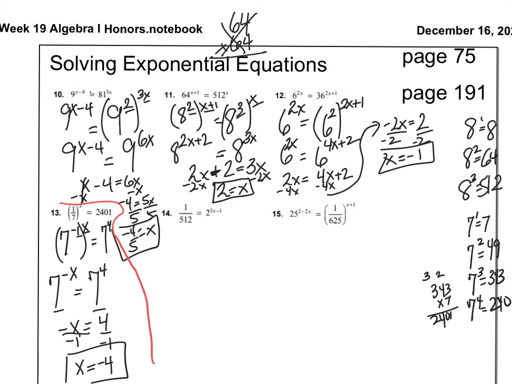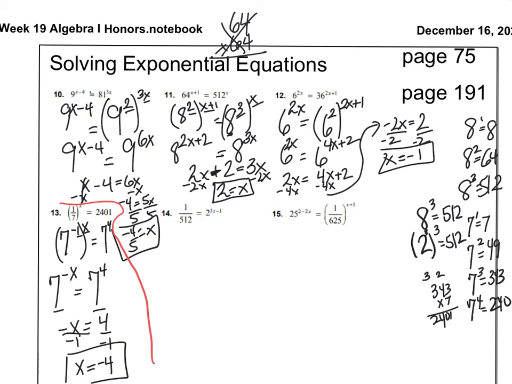For the next one, we saw 512 back here with 8. So I know I can rewrite 512 with a base of 8. Let's think about it like this. If 8 to the third power is 512, I can rewrite 8 with a base of 2. 2 to what power gives me 8? 3.